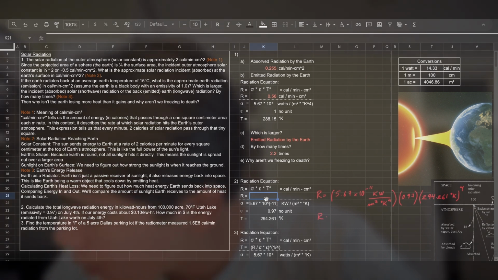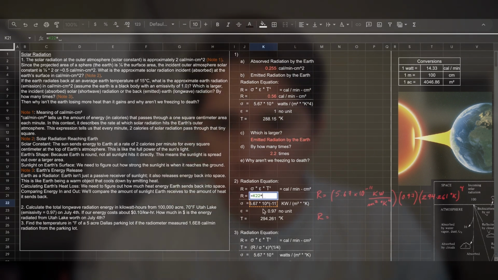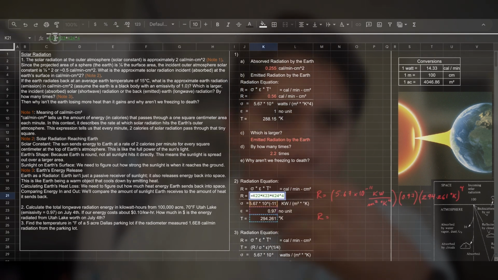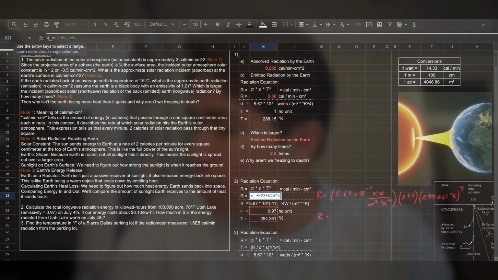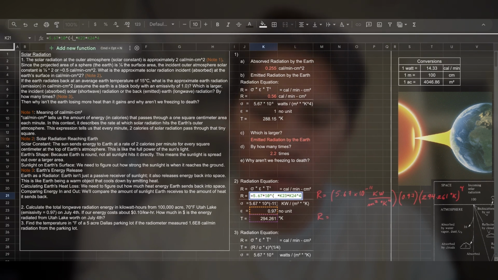We are going to get this value. I don't know if you can see it. Let's see. Times 0.97 times this to the fourth. Yeah, it won't work, so let's do this by 5.67 times 10 to the negative 11.